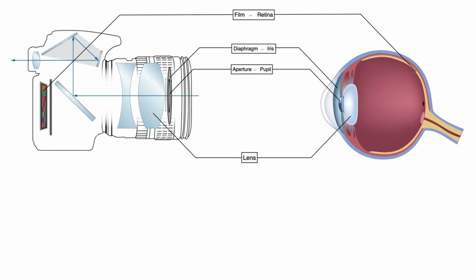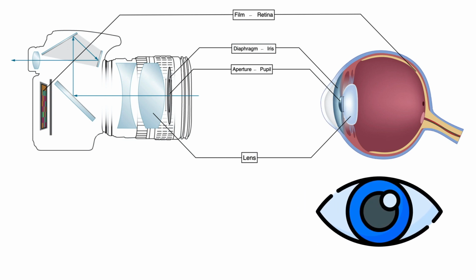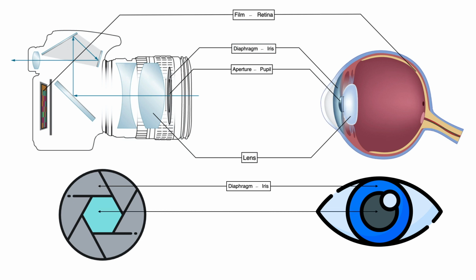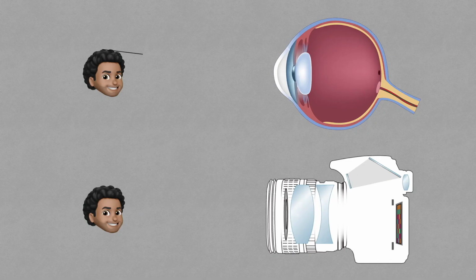Now if I compare the diaphragm with the human eye, I can say the iris in our camera is the diaphragm and the pupil is the aperture.